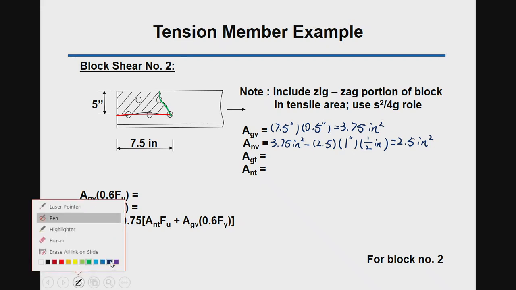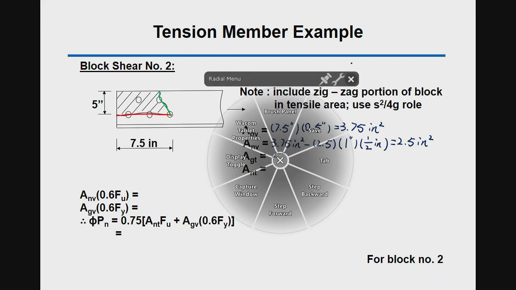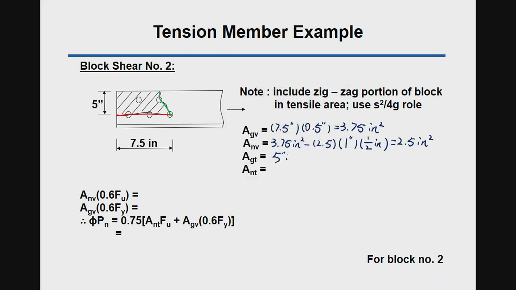So AGT still equals 5 inches times the thickness, 1/2 inch, which is 2.5 square inches.